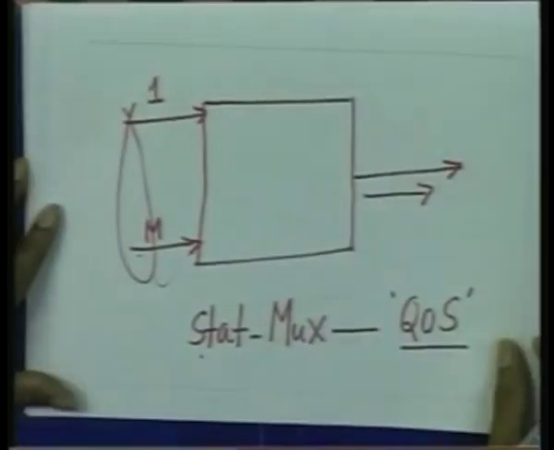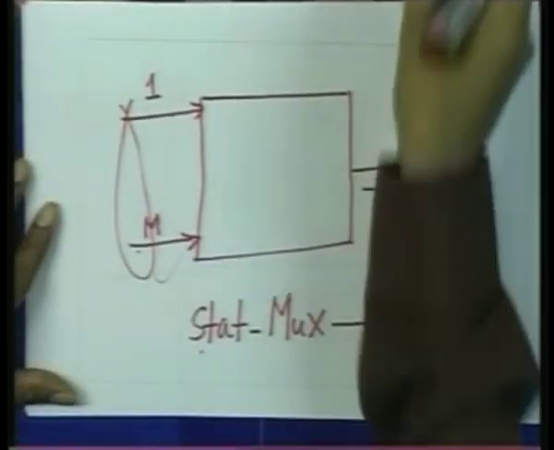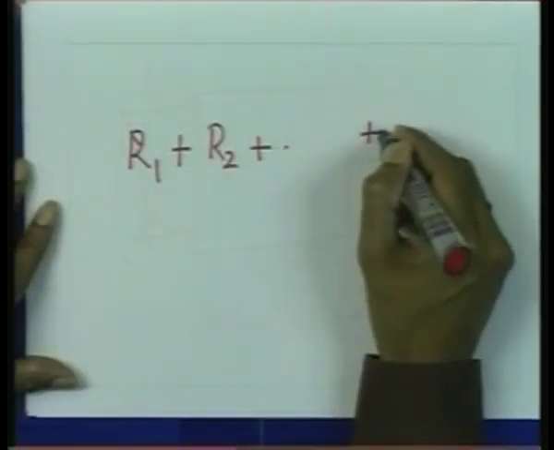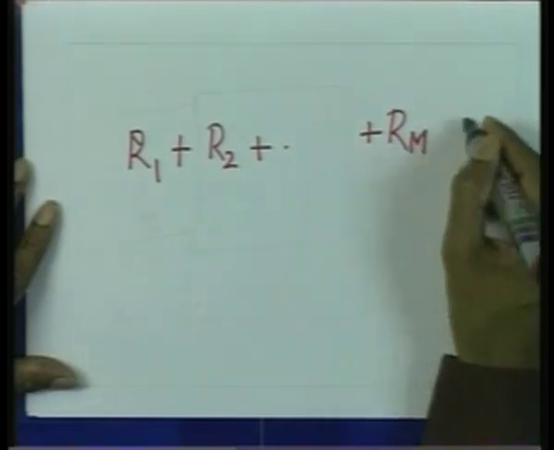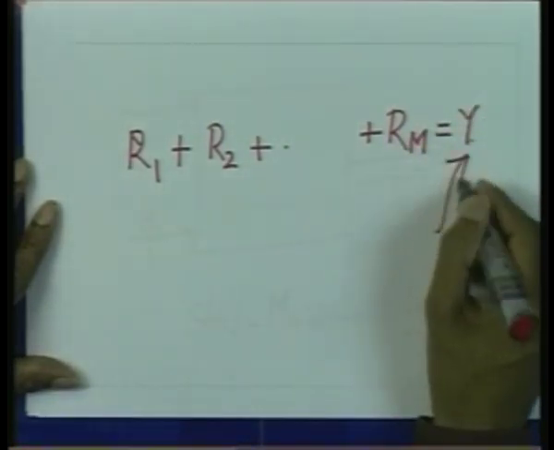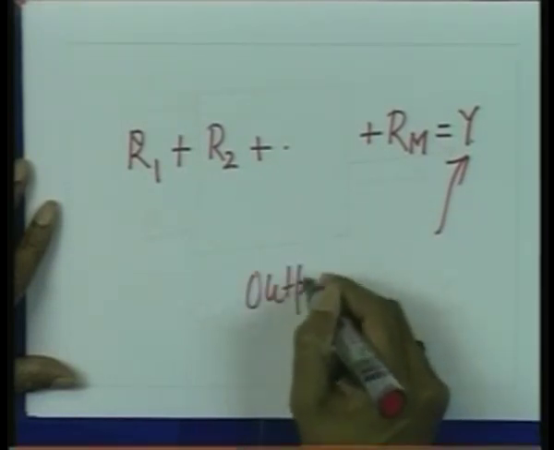What we are saying is that R1 plus R2 plus so on Rm is equal to Y, where Y is the output bit rate.